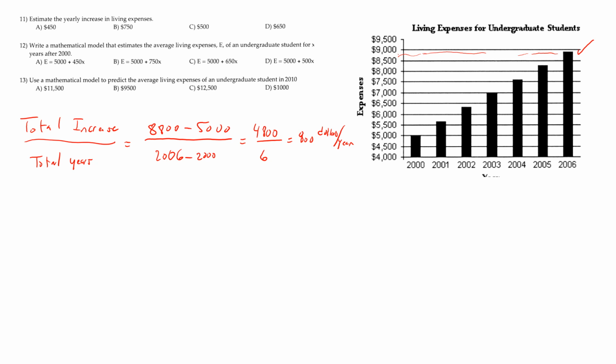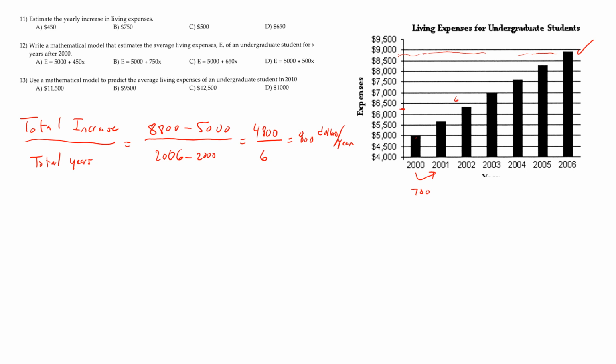Again, if we look at 2000 and 2001, it looks like it went from 5,000 to maybe 5,700. So from here to here, it went up about 700. But then from 2001 to 2002, 2002 looks like it's maybe 6,300.